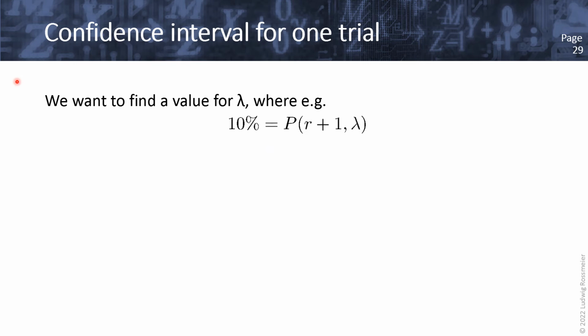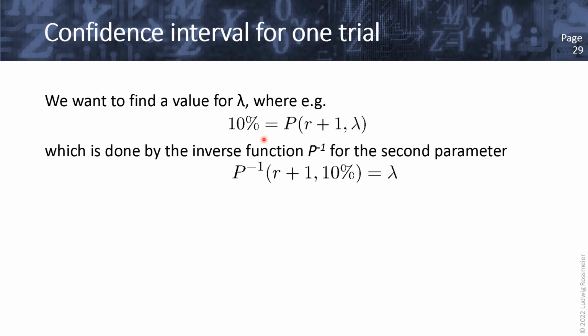So as an example, if we talk about this 10% limit, then we want to find a value for lambda where 10% equals P of r plus 1, lambda. This is done by the inverse function P inverse, indicated here with a -1.